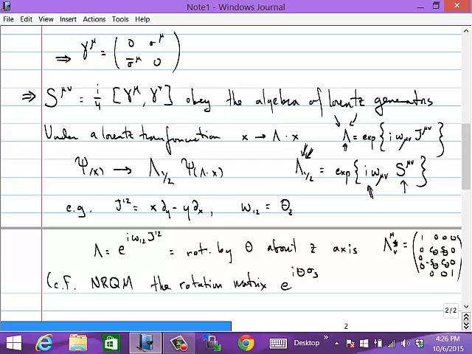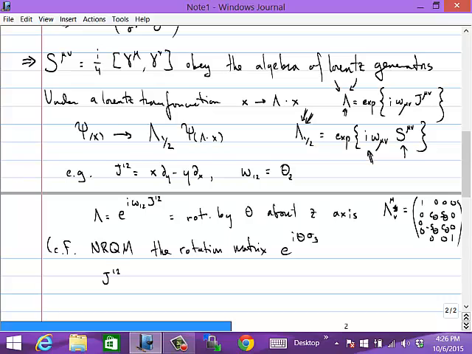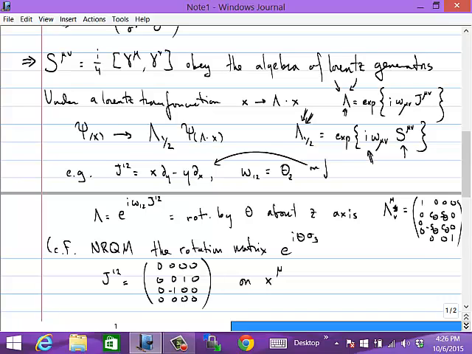In particular, J mu nu is the infinitesimal 4x4 matrix whose elements are, for example, in that way of thinking about it, J12 is the 4x4 matrix whose entries are something like 1 and minus 1. So this is how J12 acts on 4 vectors, whereas the differential operator that I've written here describes how rotation acts on functions.